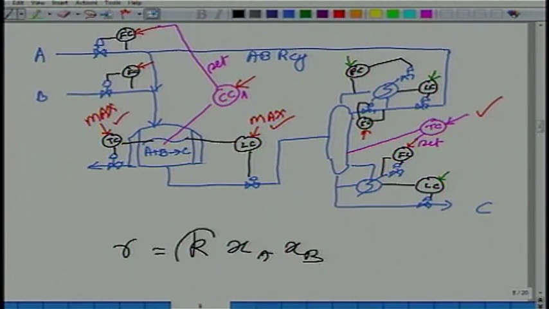By maximizing the temperature, I have set this at max. What should I set xA, the mole fraction, which is what the composition controller is trying to achieve? When will I get maximum? When xB and xA are equal. But if you plot rate of reaction versus xA, it will look something like this, at 50% or whatever.